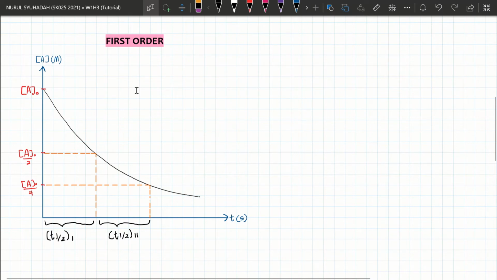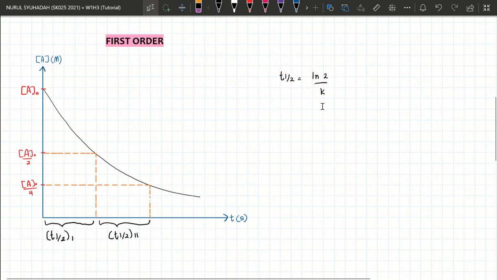For a first order reaction, the half-lives are the same. The first one equals the second one, and then the second one also equals the third one. The half-life is constant because if you look back at the half-life equation, T half equals ln 2 over K.